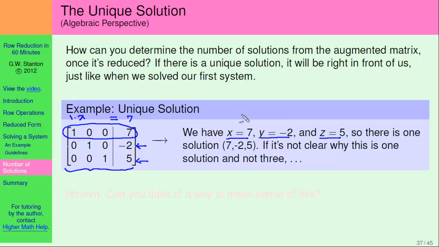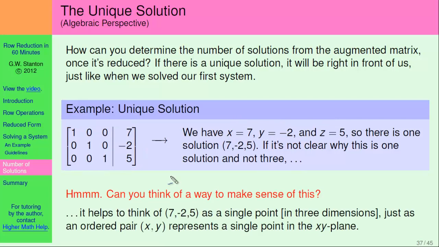We know automatically as soon as we convert back to a system of equations that x is 7, y is -2, and z is 5. So there's just one solution, which we can write as an ordered triple, (7, -2, 5). If it's not clear why this is one solution instead of 3 solutions, let's think about that.